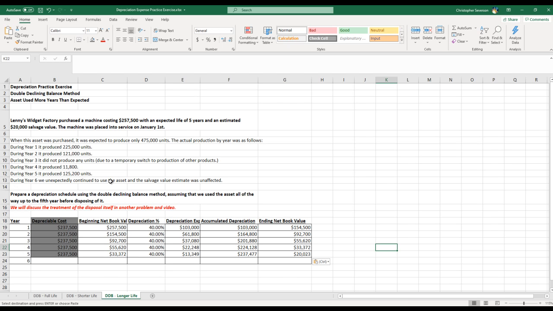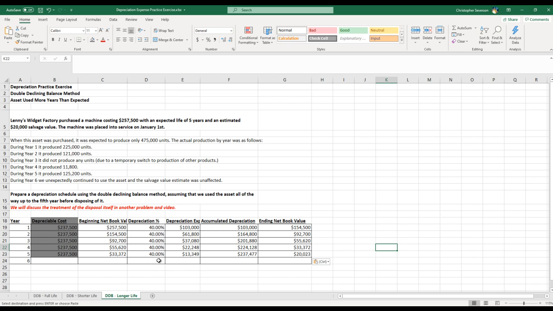So during year 6, let's assume that the salvage value remained at $20,000. Before, when we were at the end of year 5, I said we need to take $23 additional of depreciation expense to get our salvage value down to $20,000. Now we don't need to do that because we still have a year left, unexpectedly.